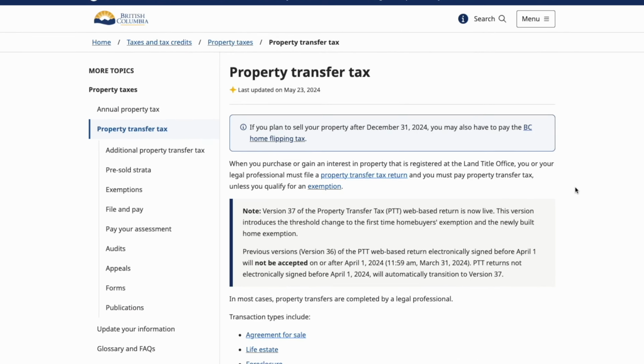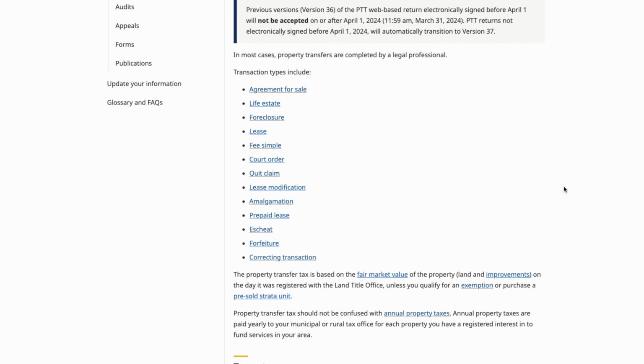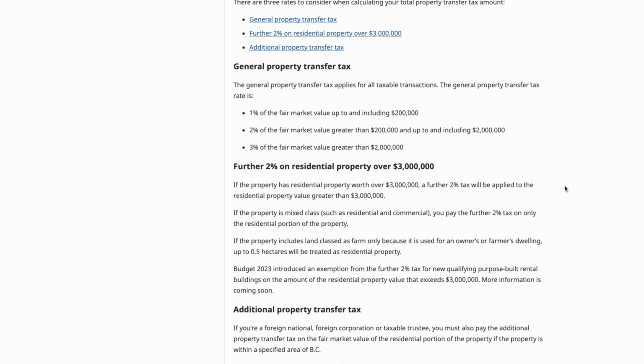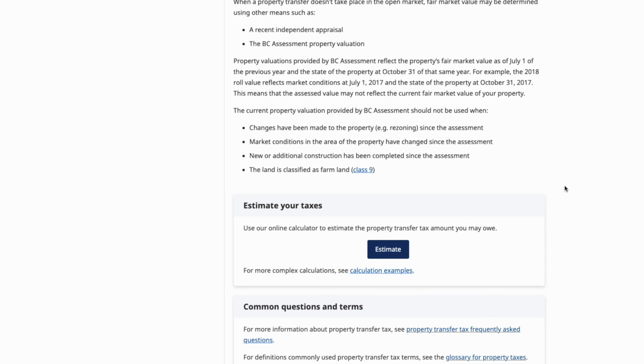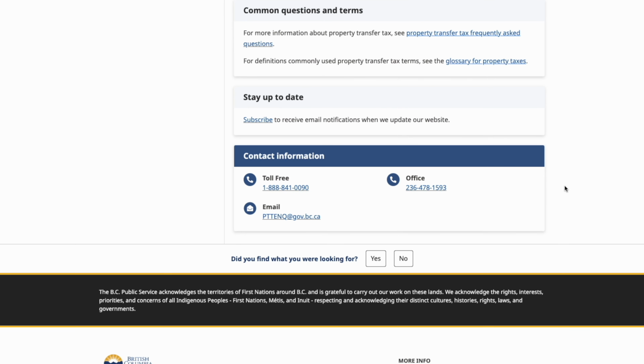So definitely just make sure that in the event that you have specific property transfer tax questions, are looking for a refund, or are in a bit of a bind with regards to PTT, that you reach out to a professional that is applicable to your situation. There is the Government of BC website, which is super helpful, and there's also contact information on there as well in the event that you are looking for information specific to an issue that you're encountering with PTT.